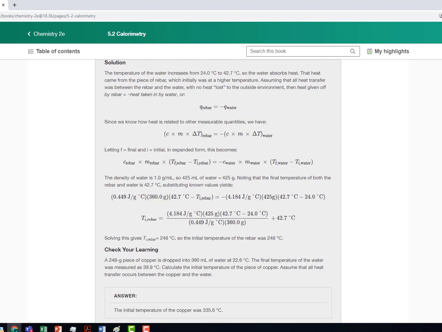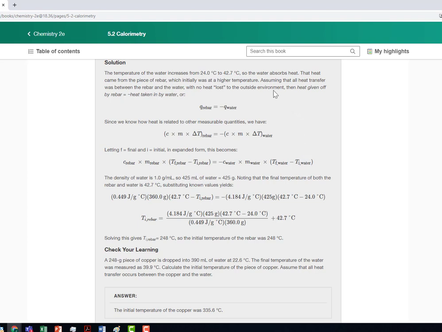So when we expand that out, we have the heat capacity of the rebar times the mass of the rebar times the change in temperature for the rebar, so final minus initial for the rebar. And then on this side, negative specific heat capacity of the water times the mass of the water times the change in temperature of the water, so final of the water minus initial of the water.